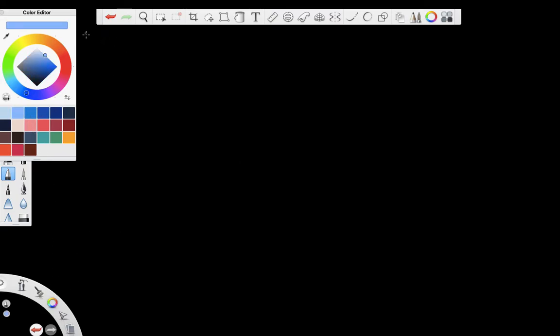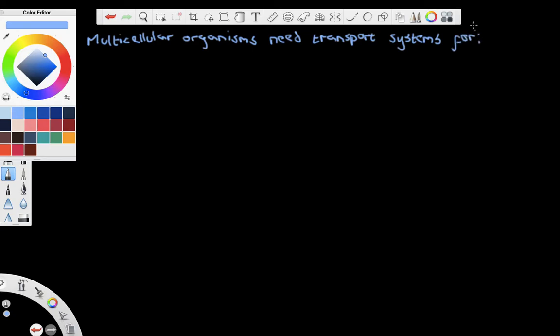Okay, so we can start by saying that multicellular organisms need transport systems for... The first one is so that cells can get reactants for metabolic processes.